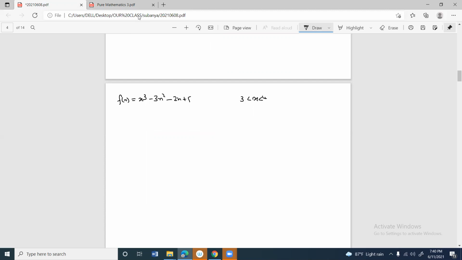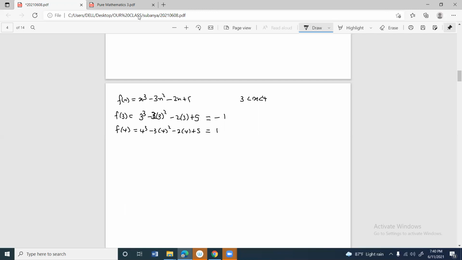Initially I can put f(3). f(3) is 3 cube minus 3 times 3 squared minus 2 times 3 plus 5. So this answer is, these two cancel, minus 6 plus 5 is minus 1. And if I put f(4), 4 cube minus 3 times 4 squared minus 2 times 4 plus 5, it's 5.